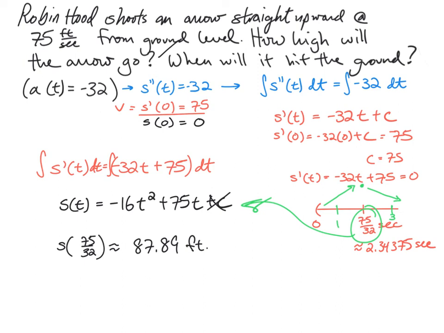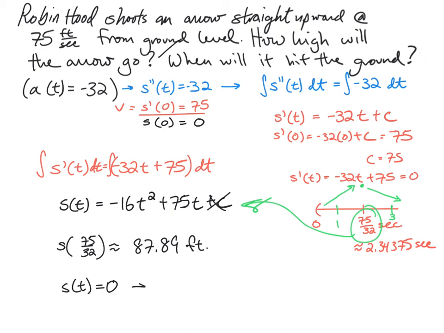The reason we had to use the velocity function to figure out when the maximum height will be is because we know that when the velocity is 0, the arrow is at its highest point. So all we have to do then to find when the arrow will hit the ground is set the position function equal to 0 and solve.